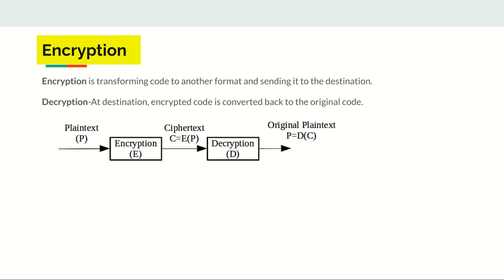That is called encryption. Encryption is transforming the actual code to another format and sending it to the destination. Decryption means that at the destination, the encrypted code is converted back to the original code.